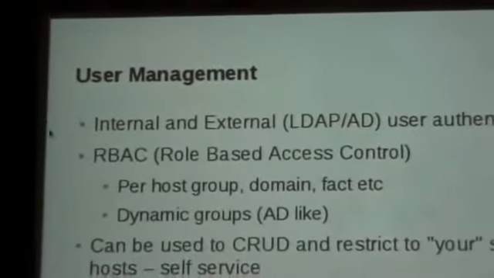Foreman comes with some default roles, like manager, someone who can only view, and various other roles. So I'll just give you an overview of the roles. You can see here who is allowed to do what. The edit host user basically can't do much besides, you could probably view host, create host, edit host, and so on.